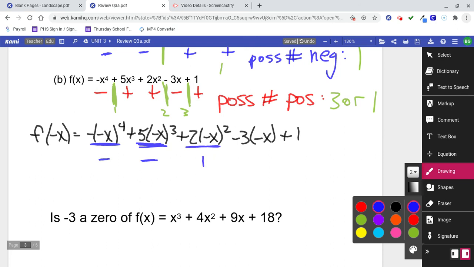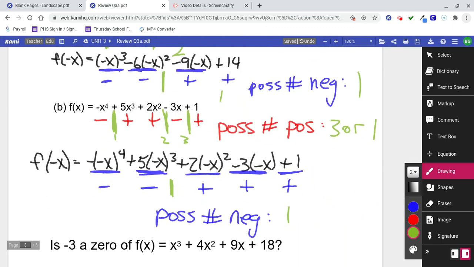That's 2 negatives, which is positive. The next one, negative times negative, is positive. And then, of course, this is positive. So I only see 1 sign change. That means the possible number of negative real zeros is just 1. Okay, once you understand that, it's simple, but a lot of students struggle. So make sure you look at it.